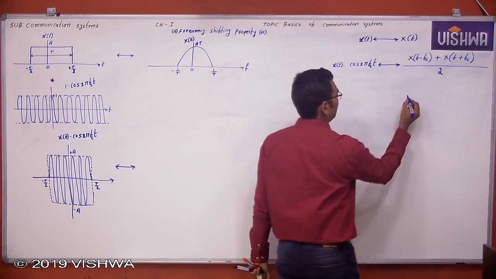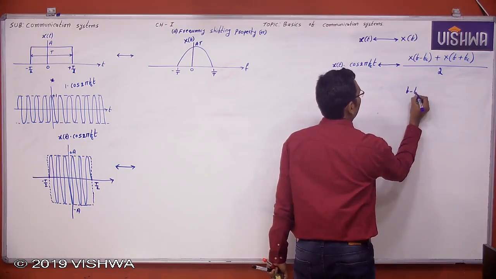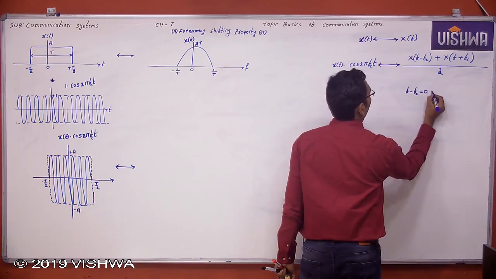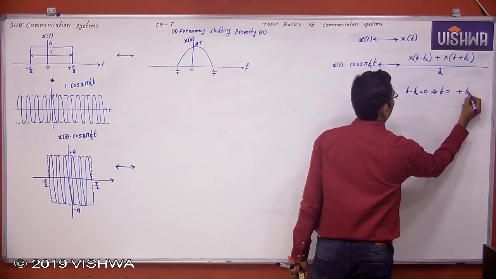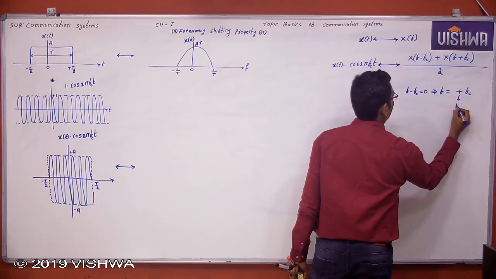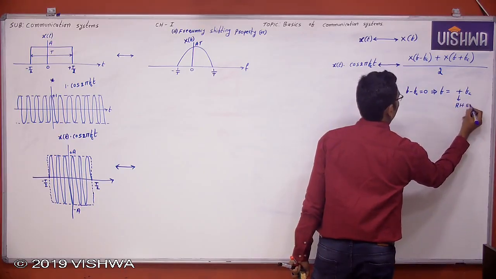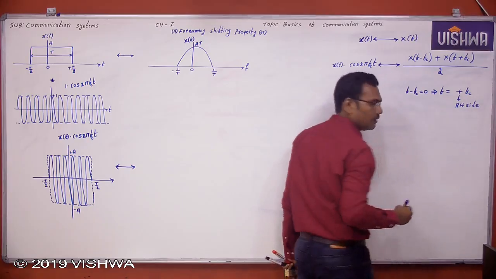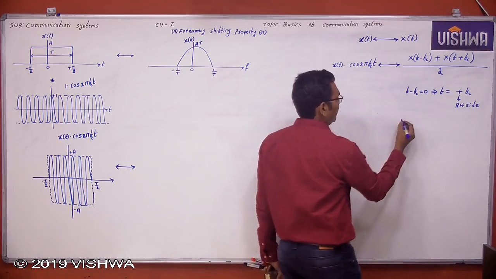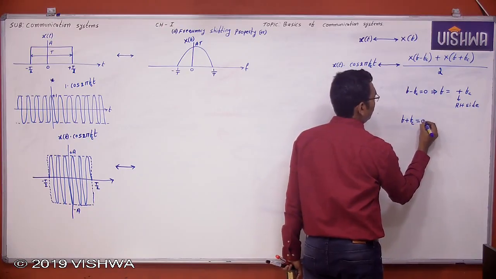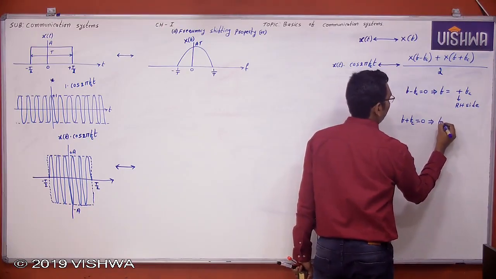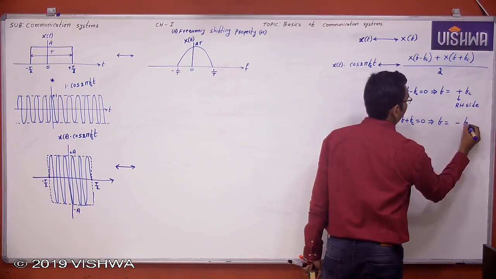You can easily understand: f minus fc equal to 0 means f equal to plus fc. Plus means right hand side. Okay, remember. Next, f plus fc equal to 0, f equal to minus fc.